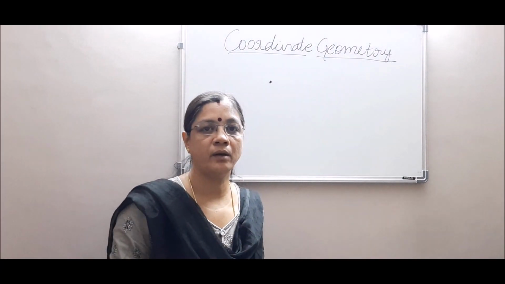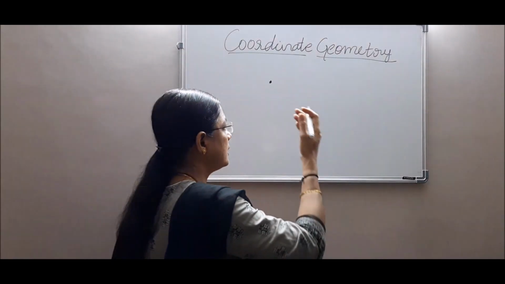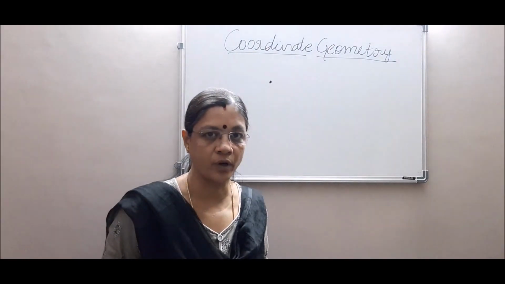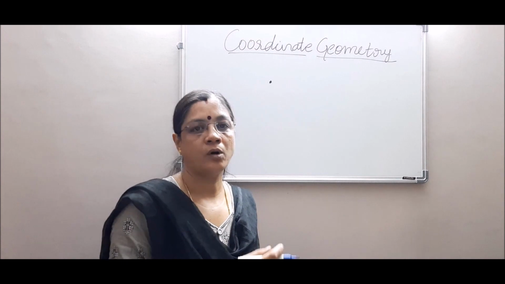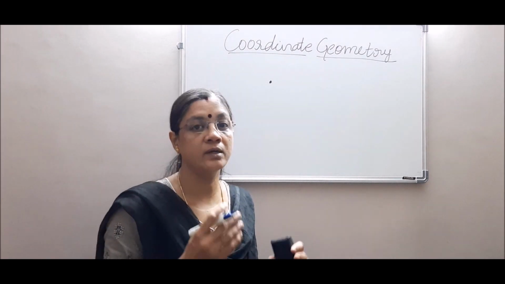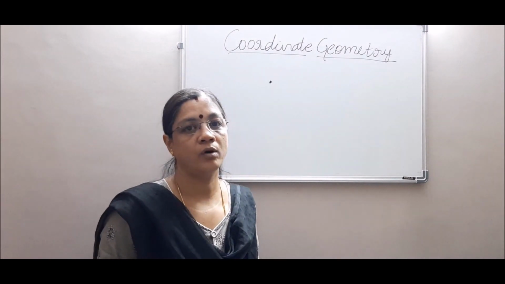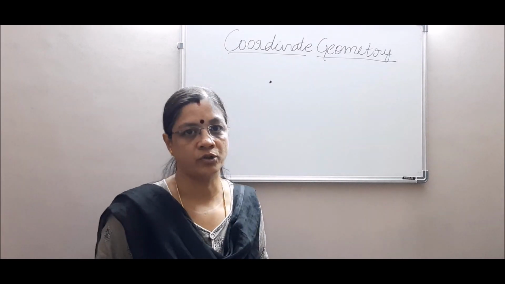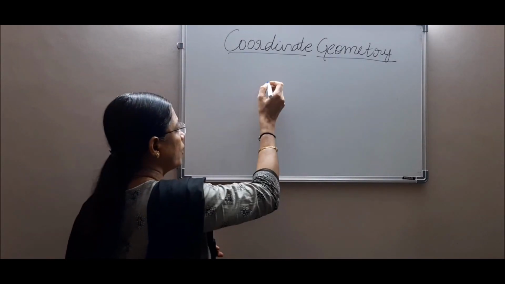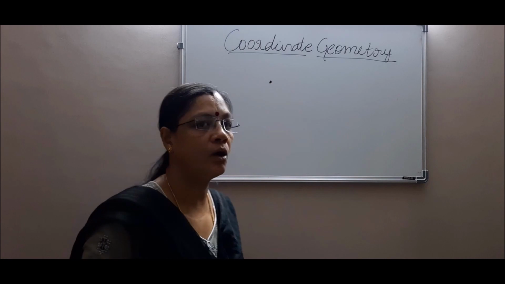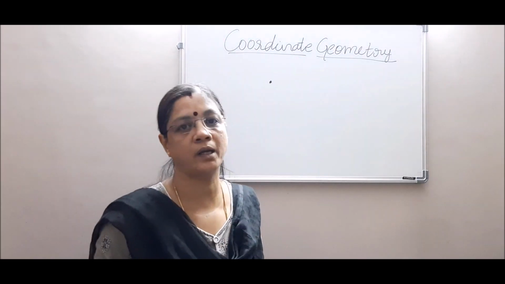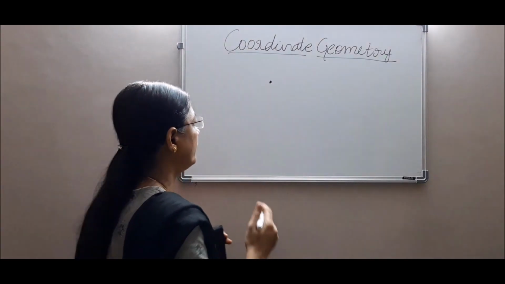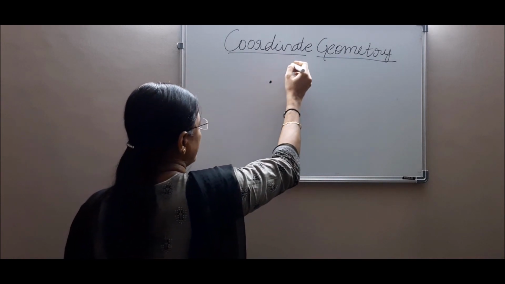As and when we move on regarding the location of the point in the plane, we'll know what a coordinate means, and what coordinate geometry is all about. Now for finding out the position of this particular point, we have two perpendicular lines.